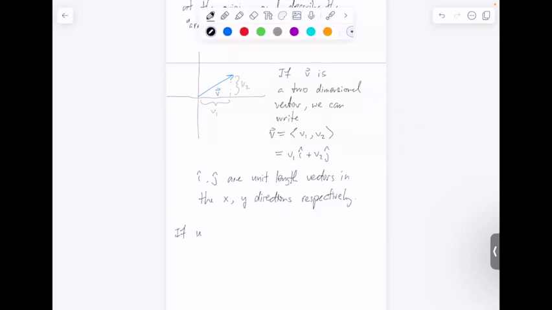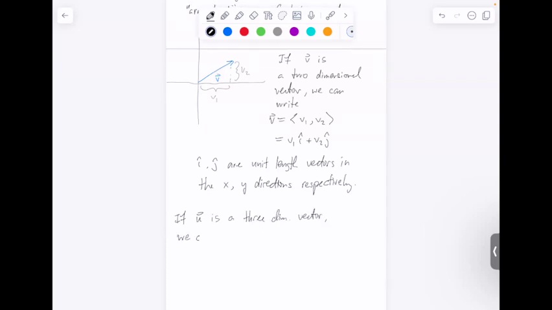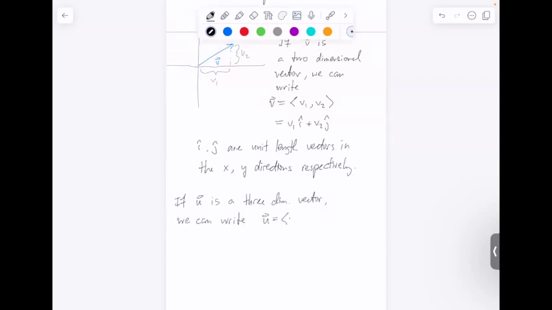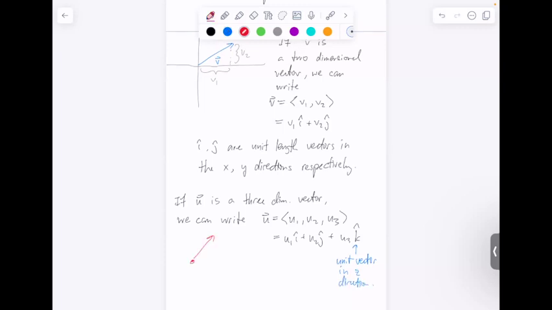So let's say if u is a 3-dimensional vector, we can write u is equal to ⟨u1, u2, u3⟩, or you could also write this as u1 i plus u2 j plus u3 k. Now you have an extra term here, where k is the unit vector in the z direction.